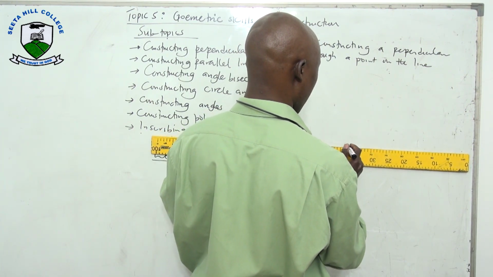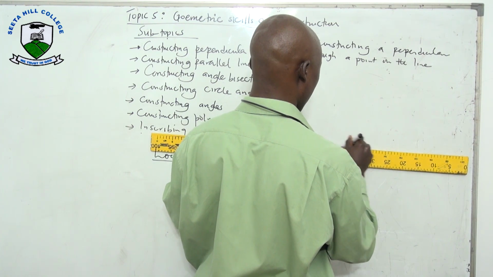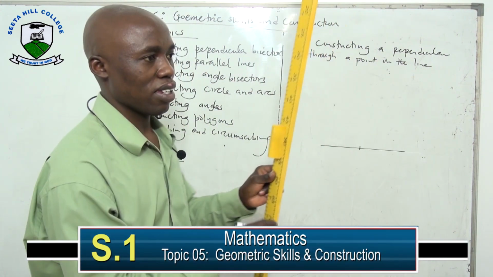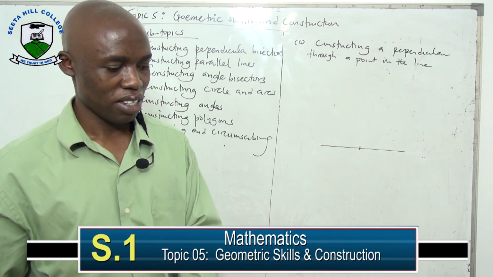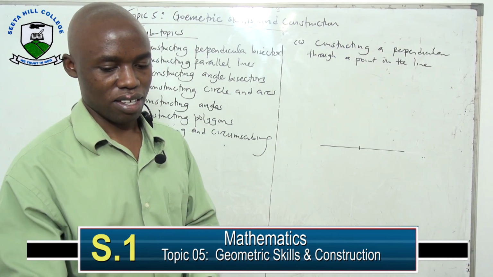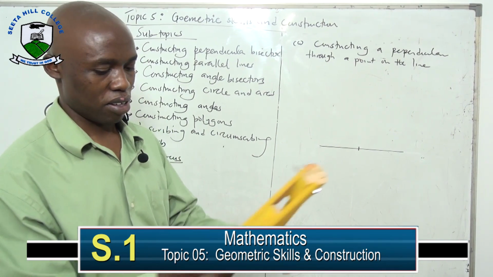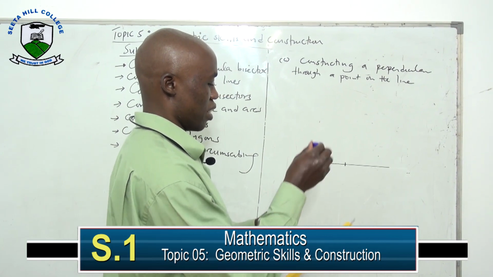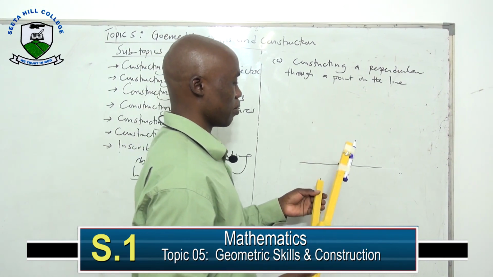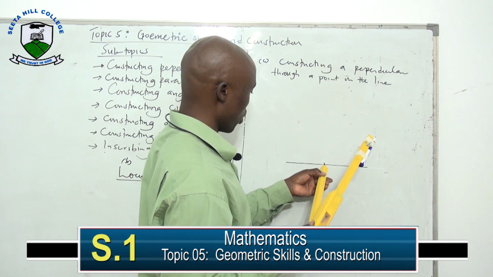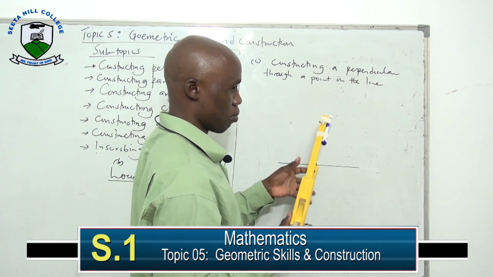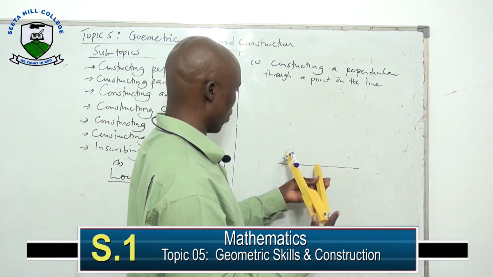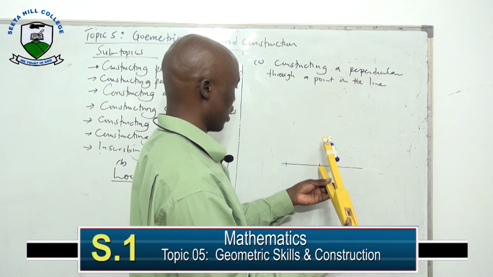Through a point on the line, assuming we have our marked point there. You put the needle of your compass at that point on the line. At this point? And you draw arcs on that same line, that side and also this other side.